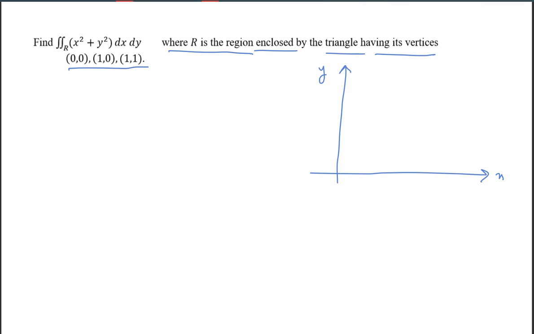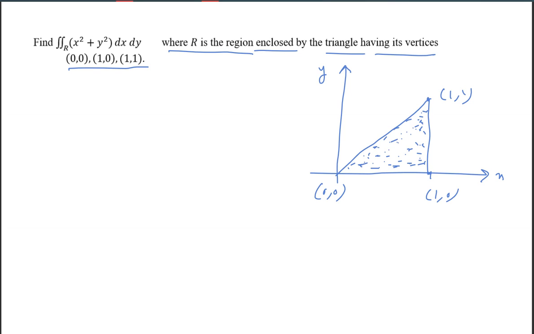The vertices are 0, 0, then 1, 0, and 1, 1, somewhere here. So this triangular region is your R. You have to integrate along this region.